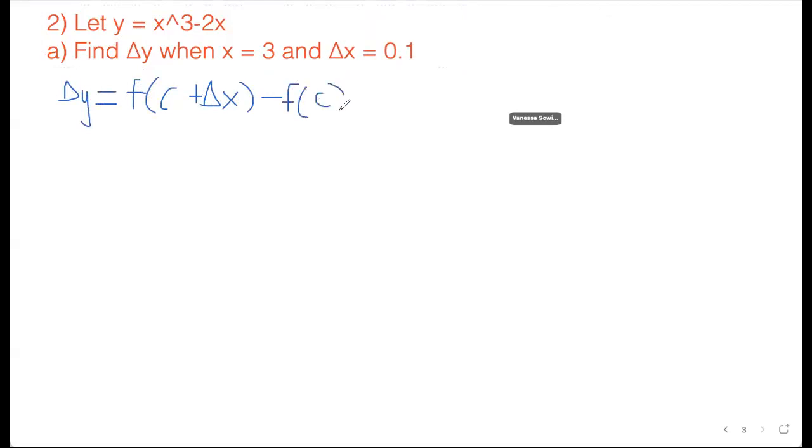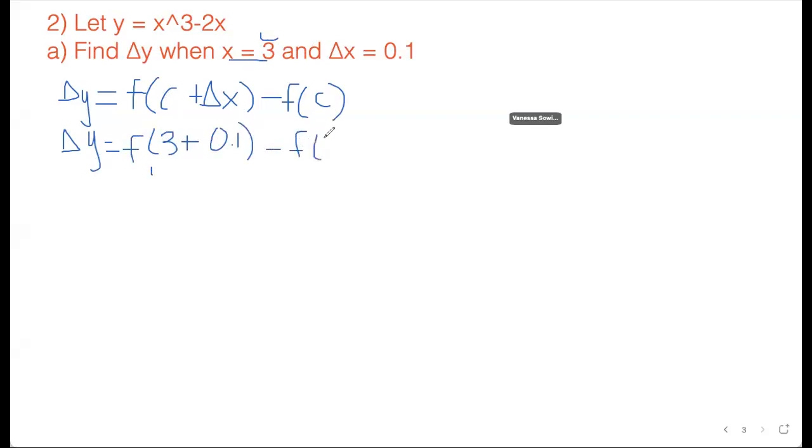So all we're going to do is plug in our information and figure out the change in y. Remember that c represents your x. So it'll be the function at 3 plus the change in x, which is 0.1, minus the function at 3.